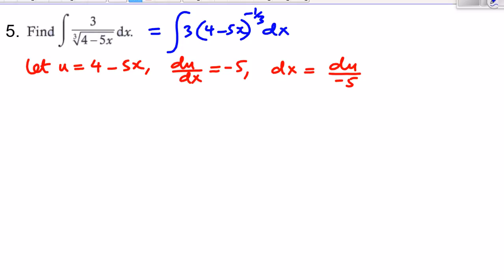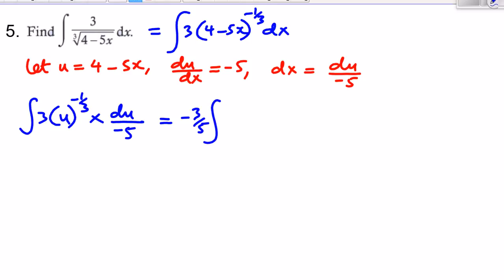So, which means that my new integral will be the integral of 3u to power negative a third. Now instead of dx, I'll have du over negative 5. And just simplify this, and pull out the constants outside the integral sign. So negative 3 over 5 integral of u to power negative a third du.